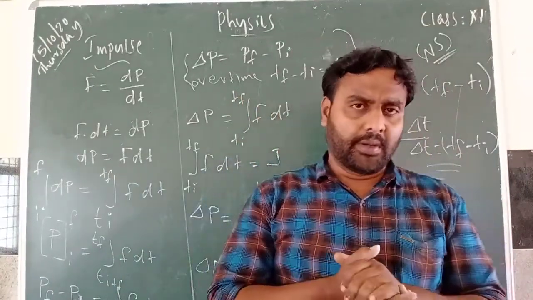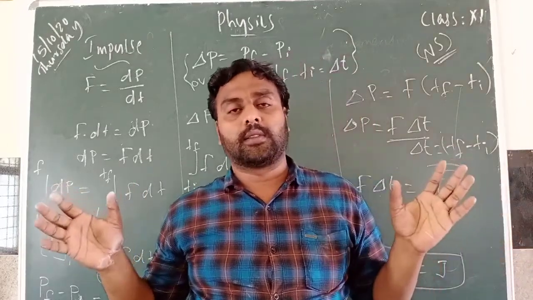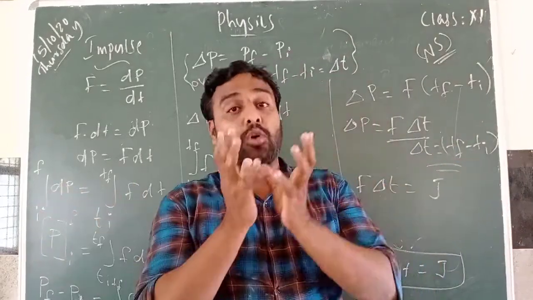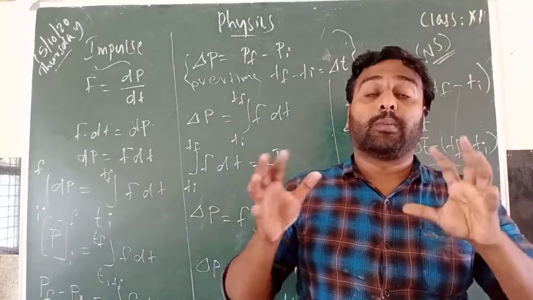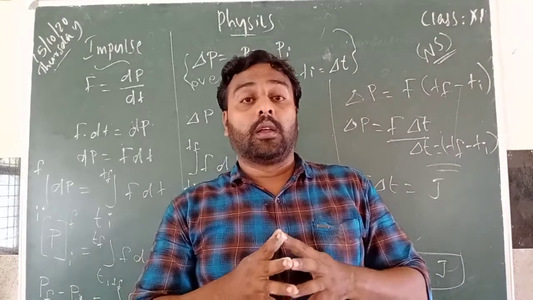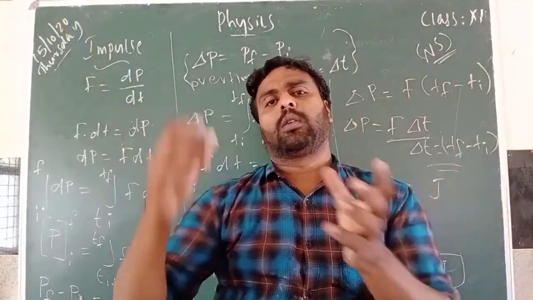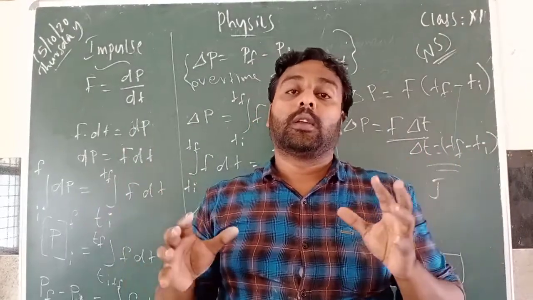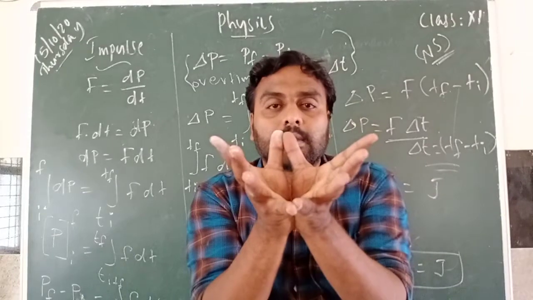There are some examples. We all have practice by playing, catching the ball. In cricket, when we are playing cricket, we have noticed that the wicket keeper or the fielders, when they catch the ball, do not hold the ball like this.